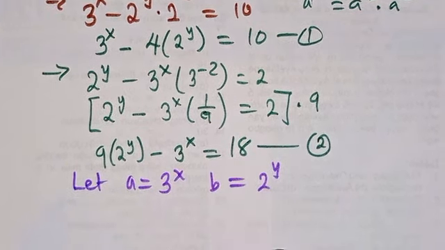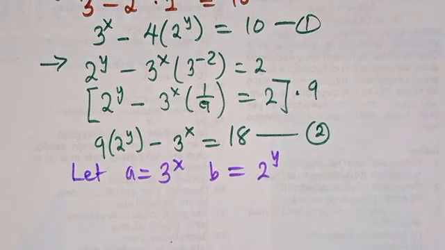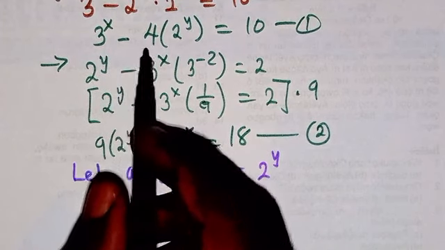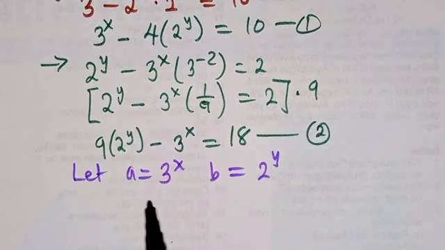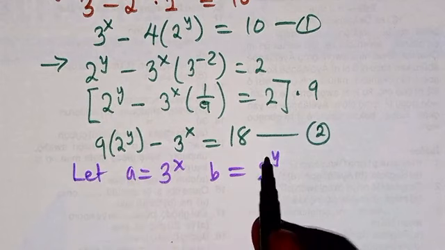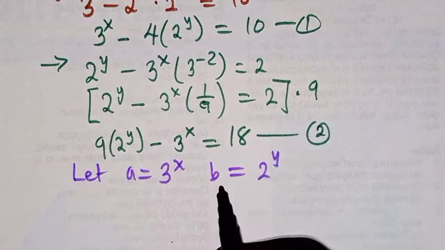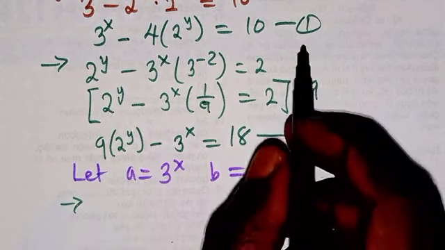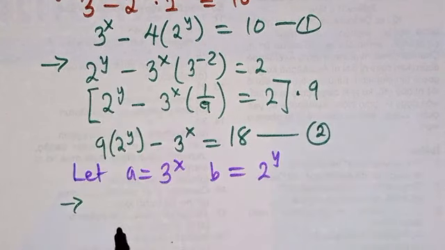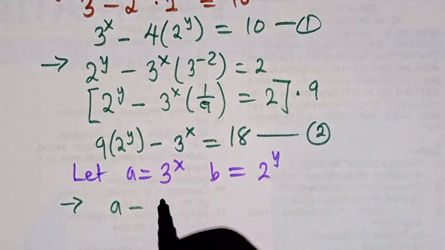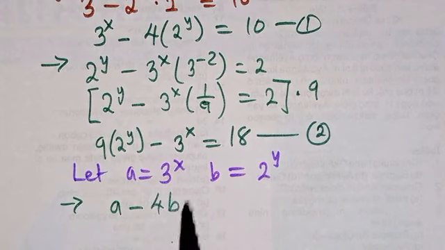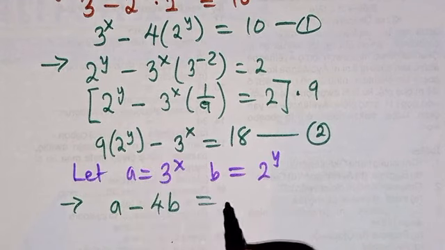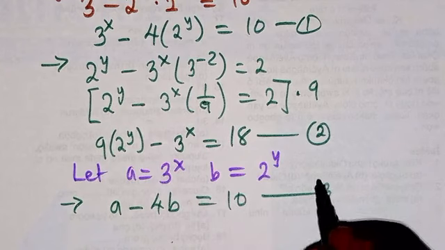Anywhere we see 3 to power x in either equation, we replace it by a, and when we see 2 to power y, we replace it by b. Let's pick equation 1: a minus 4b equals 10. Let me call this equation 3.